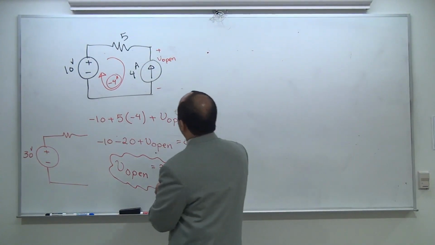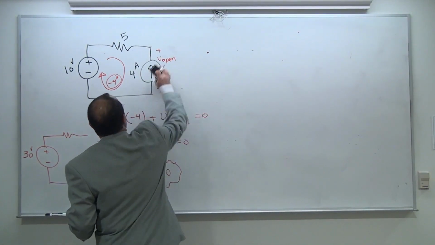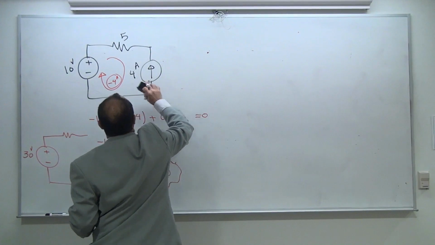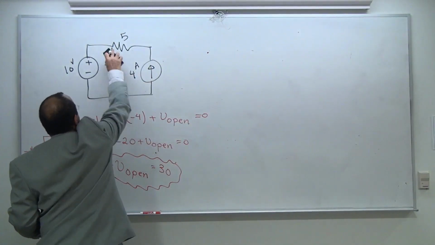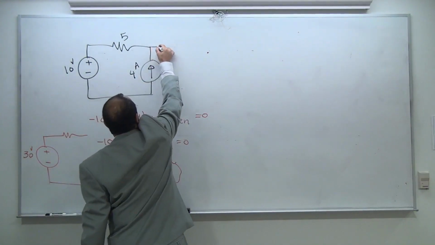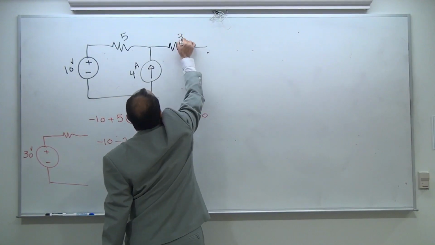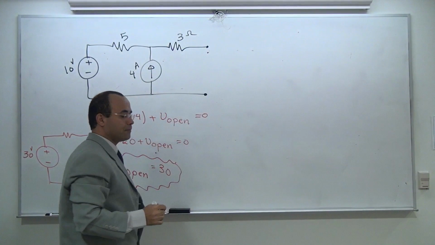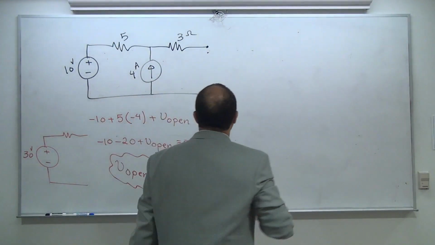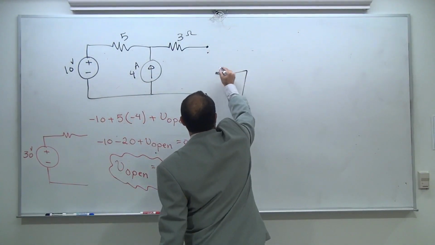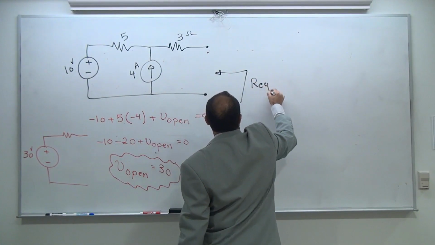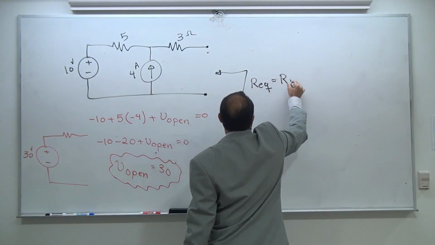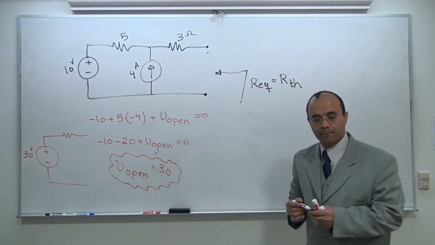Let me go back to my original design. Each time you need to be able to move back and forth between different scenarios. That was, I believe, 3 ohm and this. How much is R Thevenin? R Thevenin, if I'm able to find R equivalent, that would be my R Thevenin.